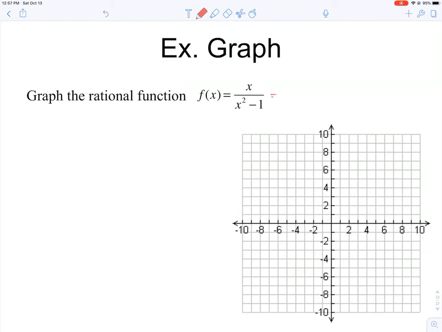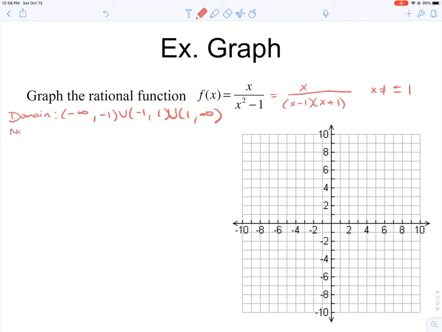So in order to identify the domain, why don't we factor the denominator? Okay, so our domain will be all real numbers except for positive and negative 1. We have no common factors that cancel, so there are no holes.